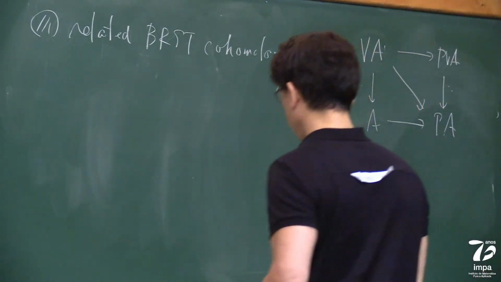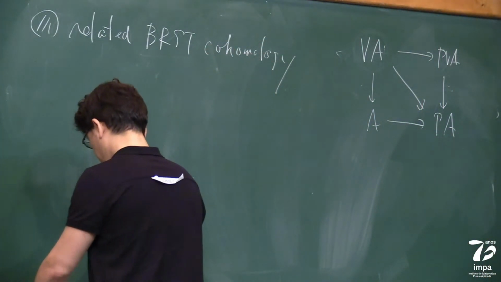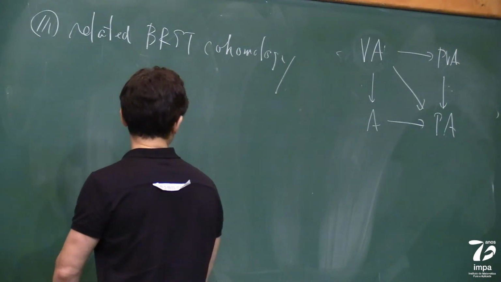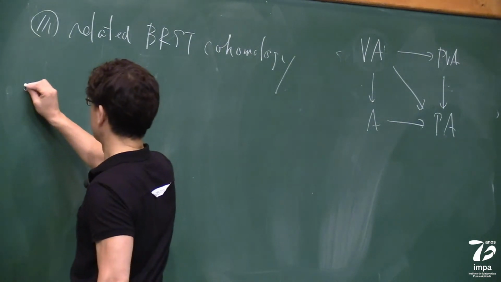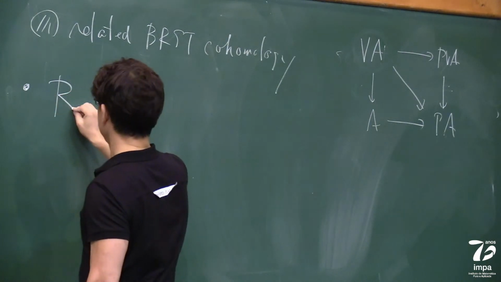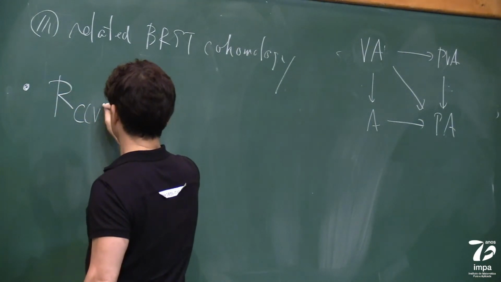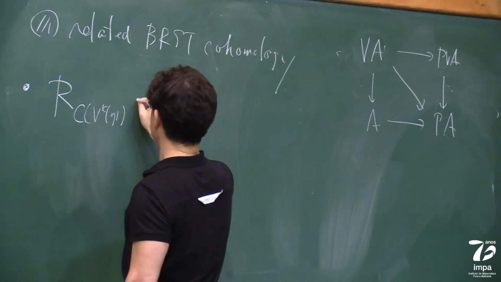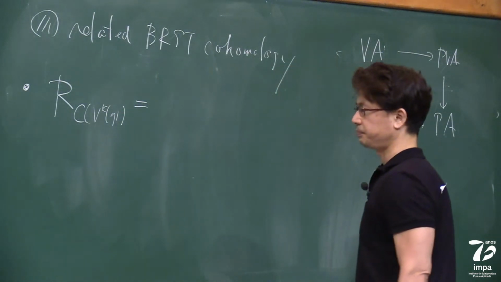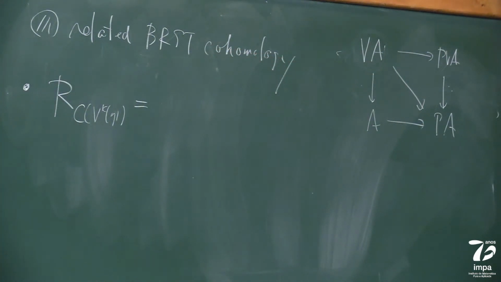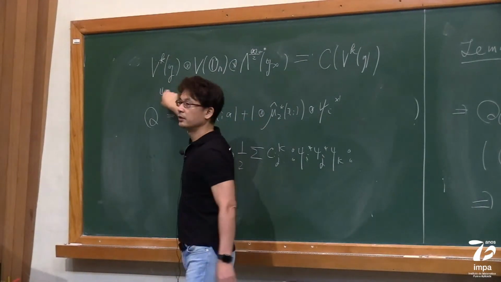First, for the Zhu's C_2 algebra, let me start with the Poisson algebra setting. The Zhu's C_2 algebra of C(V^k(g)) is just a tensor product of each of the Zhu's C_2 algebras.